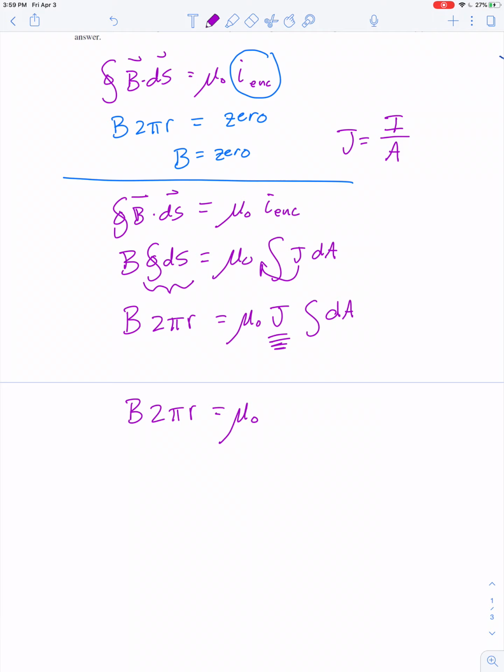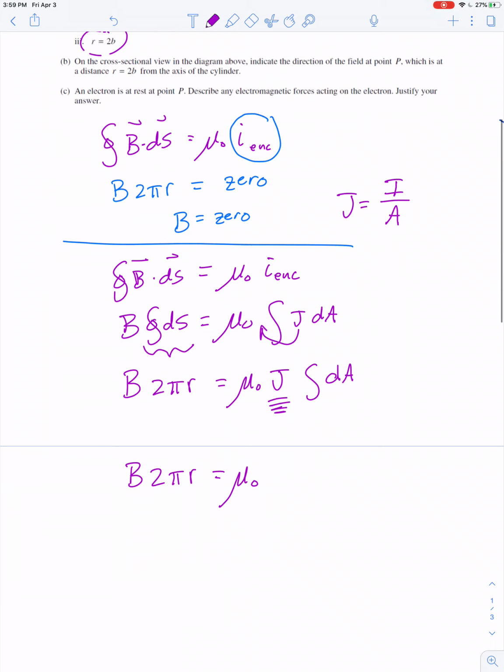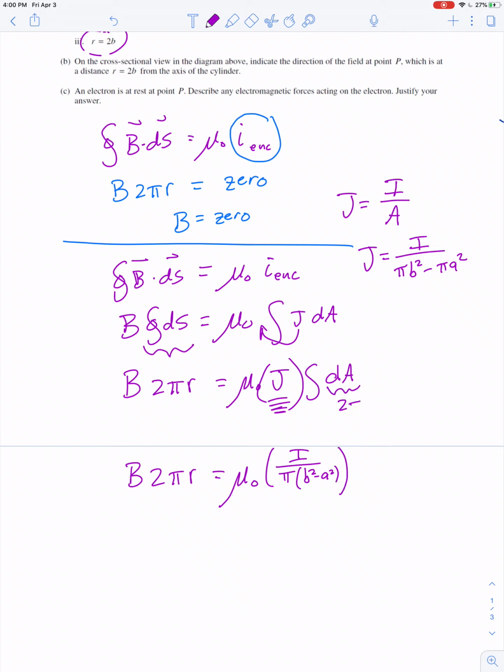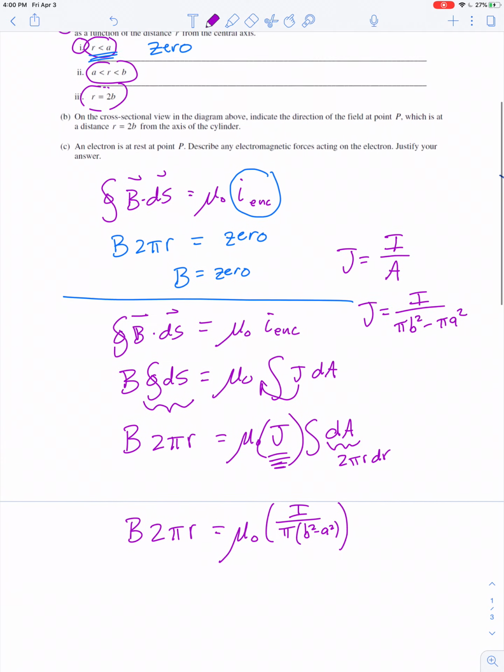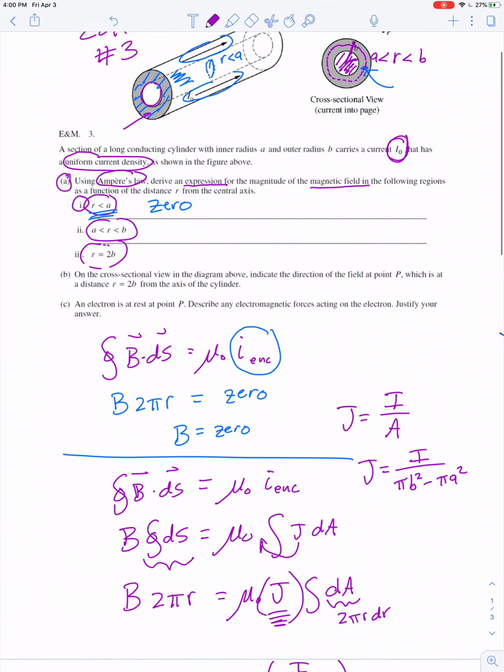So let's see, what's the total area of this conductor? I guess it's equal to pi b squared minus pi a squared, right? So in other words, I can substitute in place of j, I divided by pi times the quantity b squared minus a squared. And then dA is 2 pi r dr, but careful here, I only need to account for any current density.